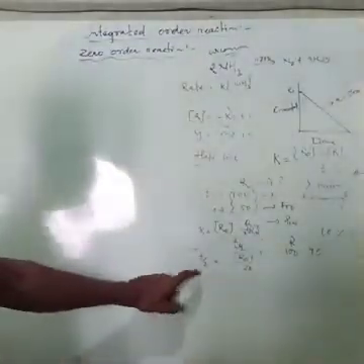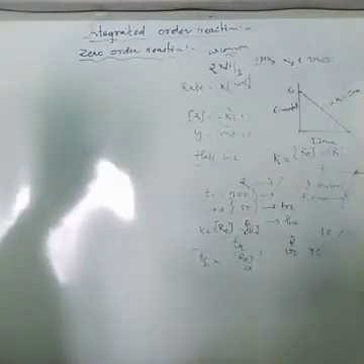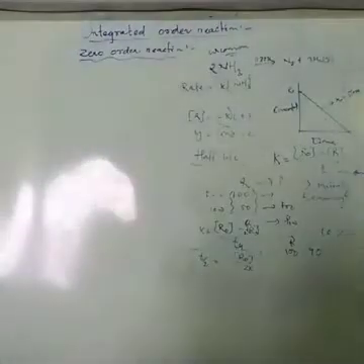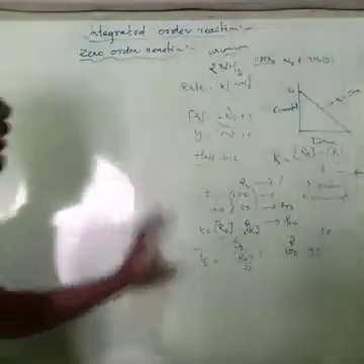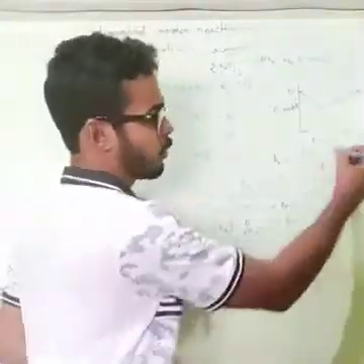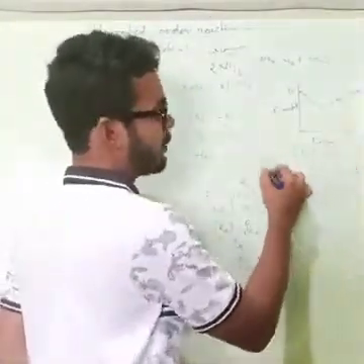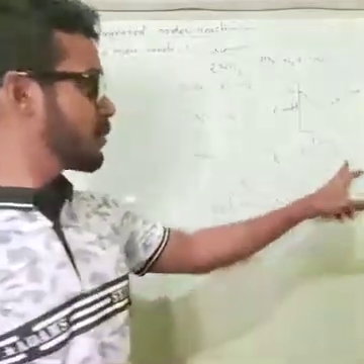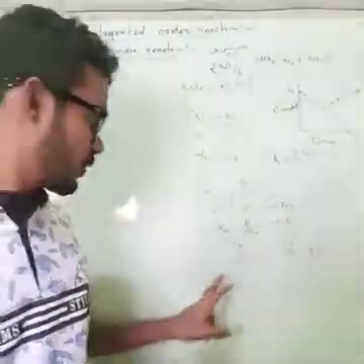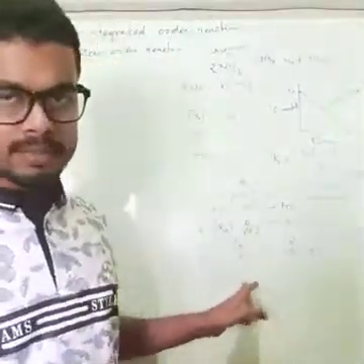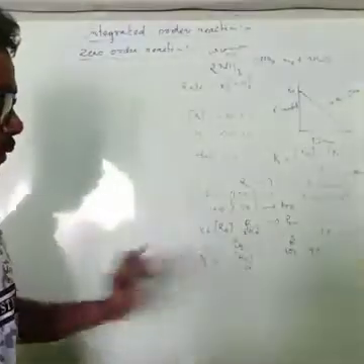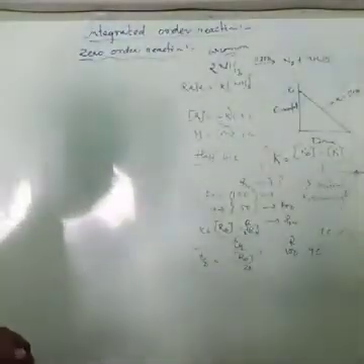So this is all about your zero order reaction. You have to remember this every time for the zero order expression for finding out the k. If t half is asked, you have to apply this. Okay, let's do one problem.